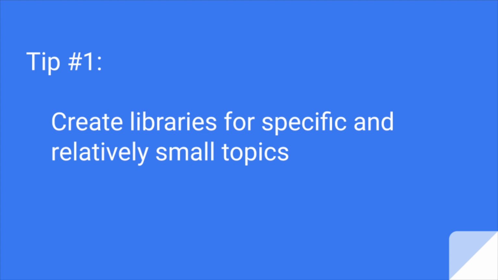My first tip is to create libraries for relatively small and specific topics. This will make everything much easier to manage. Final Cut libraries have a tendency to take up way too much space.